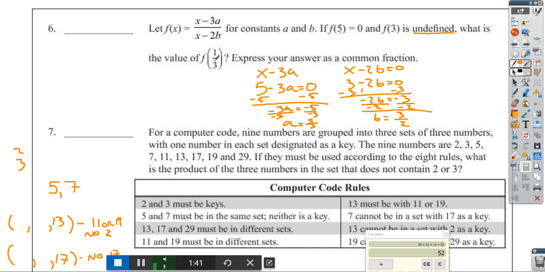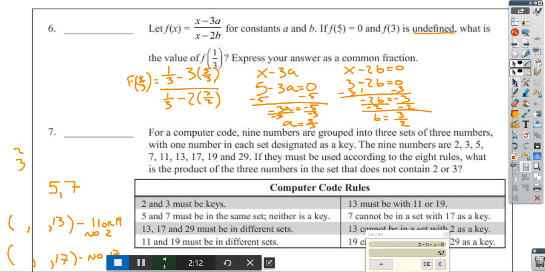So we know that f of 1/3 is equal to 1/3 minus 3 times 5/3 over 1/3 minus 2 times 3 over 2.